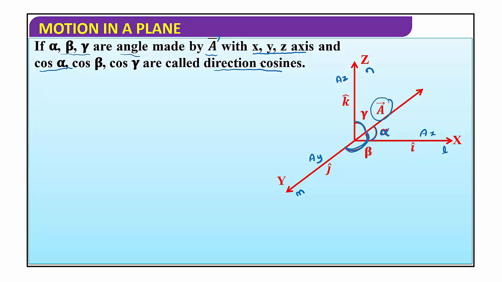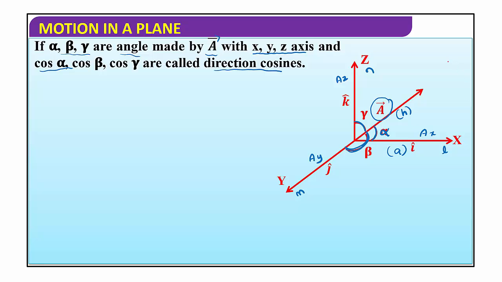So why do we have to consider the cosine function? Observe here, alpha is the angle between vector A and AX. If alpha is here, this will be the adjacent side and this will be the hypotenuse. We know only the adjacent side and hypotenuse, so which is the suitable function?